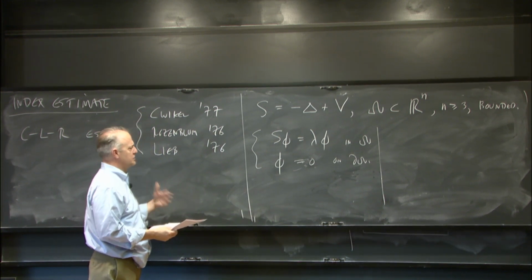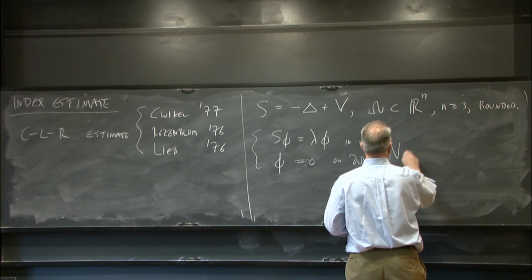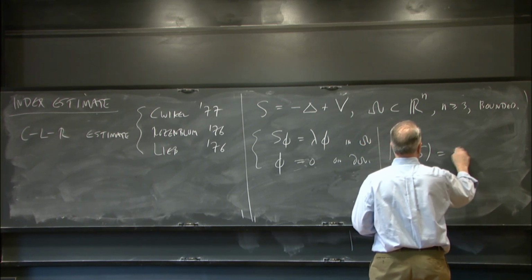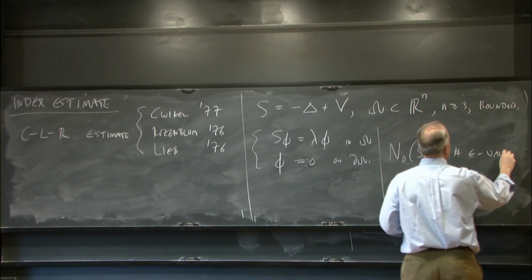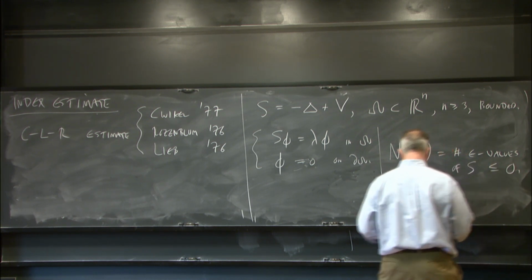We want to look at the counting function that counts the number of non-positive eigenvalues. So N_0(S) is the number of eigenvalues of S that are less than or equal to 0.